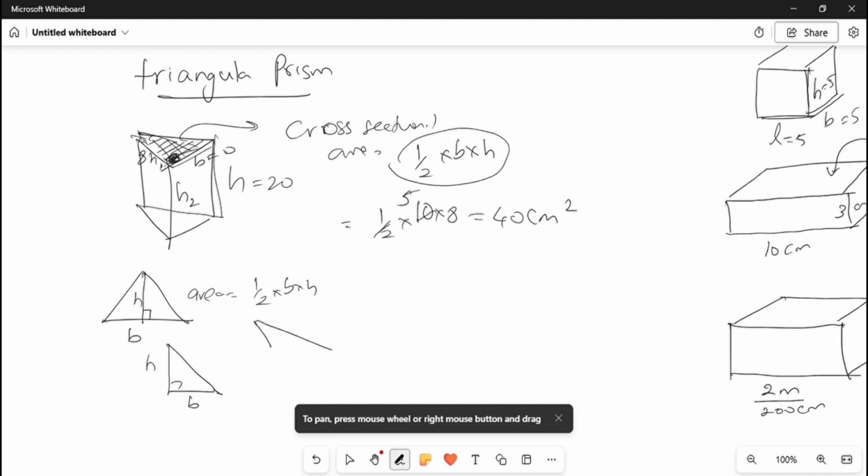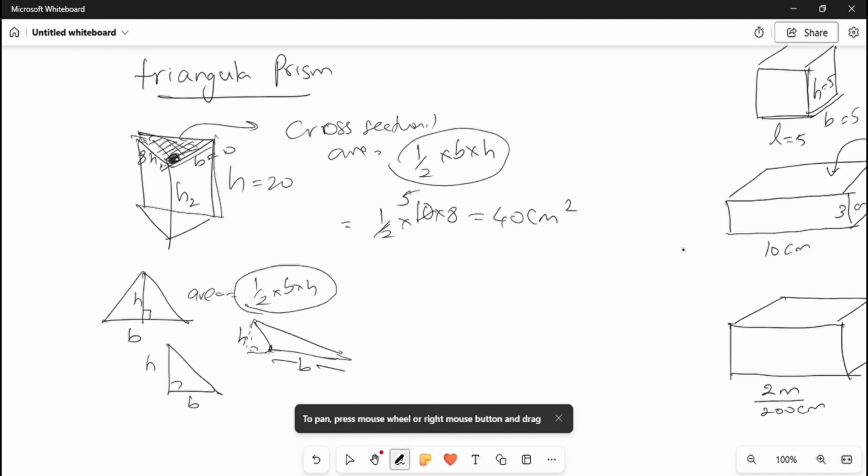Sometimes the triangle may be like this, outside. If you take this as a base, height is outside here. This is the height. Wherever height comes, it does not matter. We don't need to worry about this length. This is the actual length. B is the actual length of the triangle. So this half into base into height is applicable for any triangle.